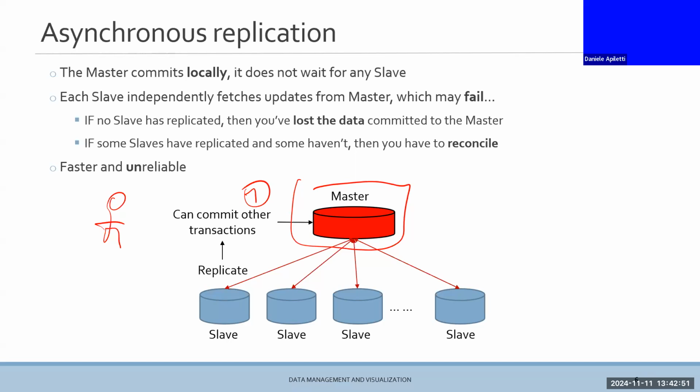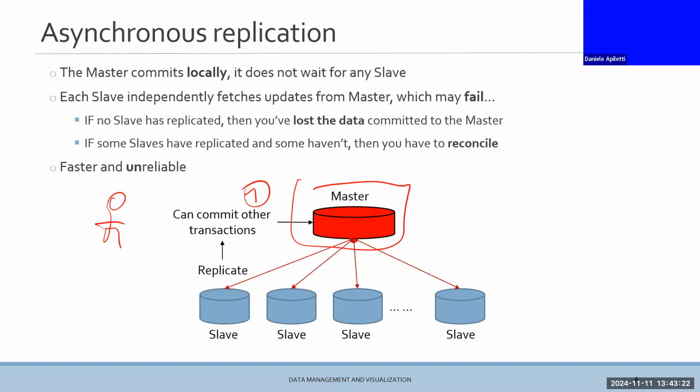It depends. It can be milliseconds, tens of milliseconds, hundreds of milliseconds, seconds, or minutes. So if there is a failure in the master, you might have lost something. However, this is the highest performing solution because you don't wait for anybody. You don't wait for any slave to answer.